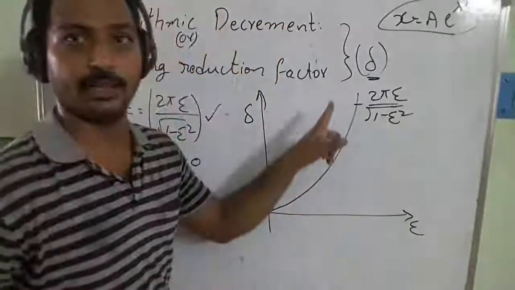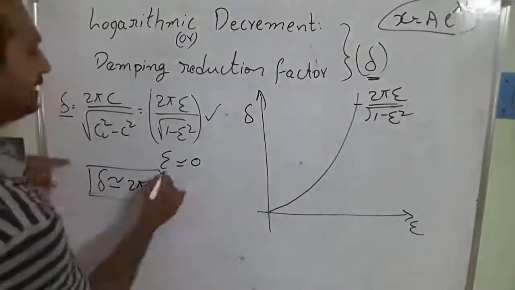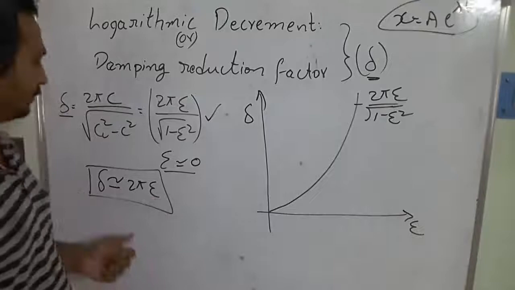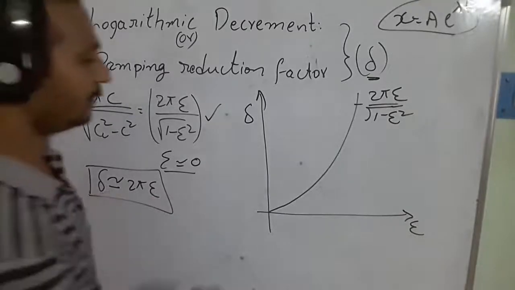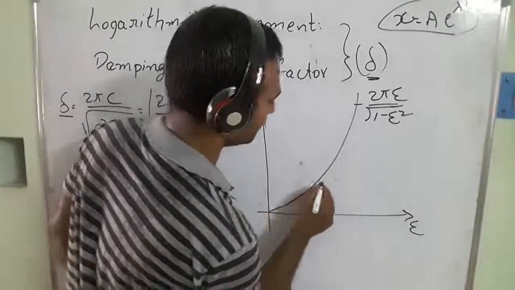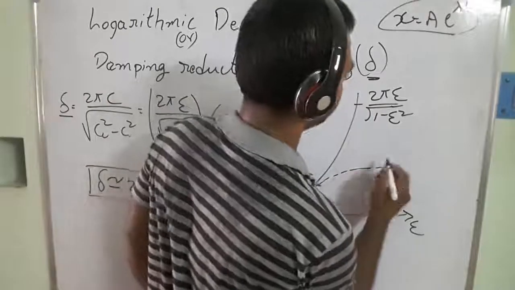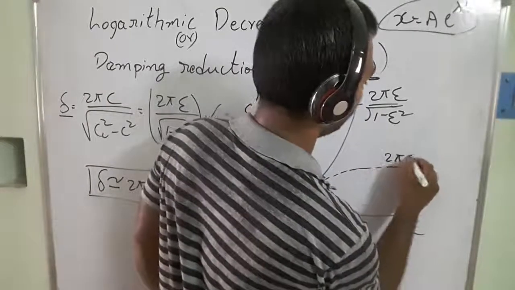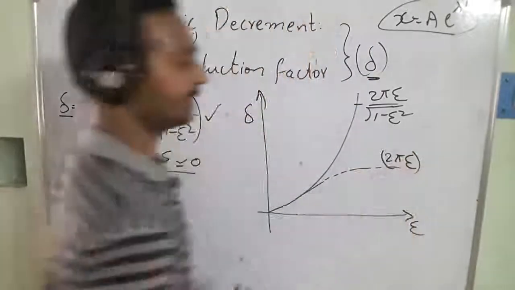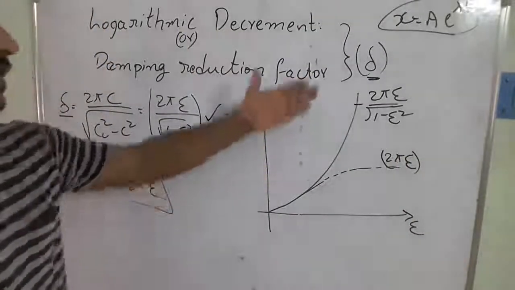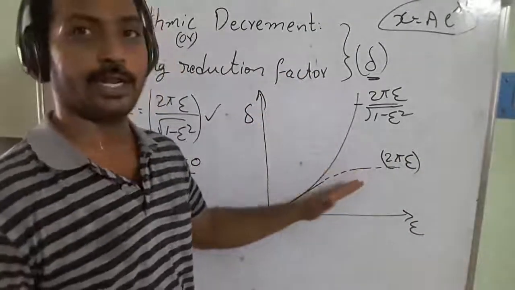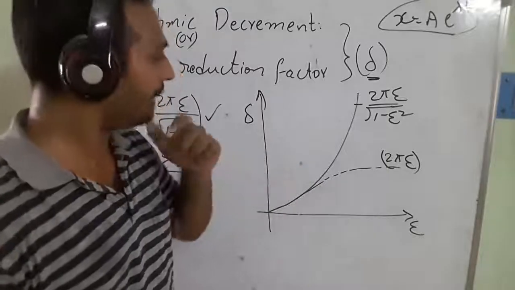But when this epsilon is a very small value, what will happen? This delta value is going to change like this, like this. So this is going to be 2 pi zeta. So this is the behavior, the changes of the curve, we can understand from this.